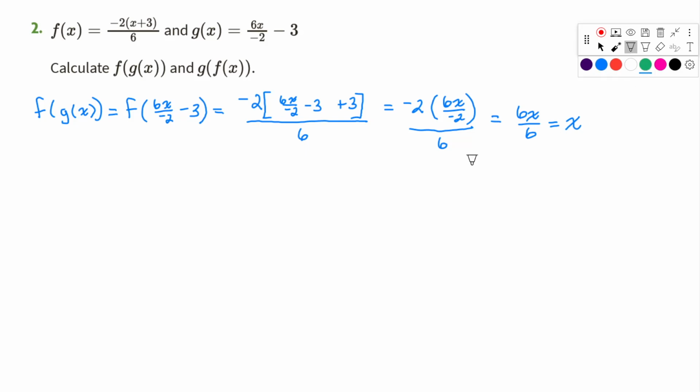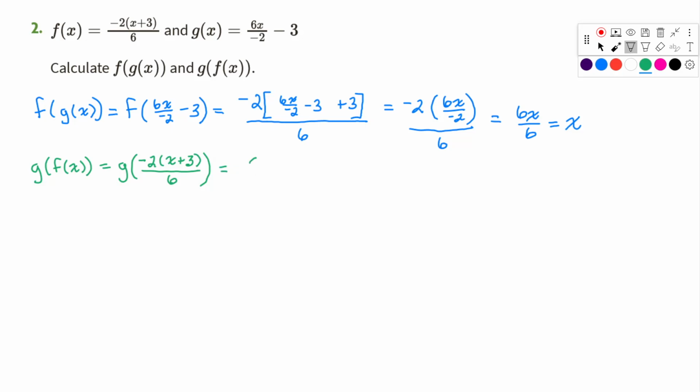Now let's do the same thing for g of f of x. We know the expression for f of x, so we're going to be finding g of negative 2 times x plus 3 over 6 by replacing this expression for x in my g of x function.